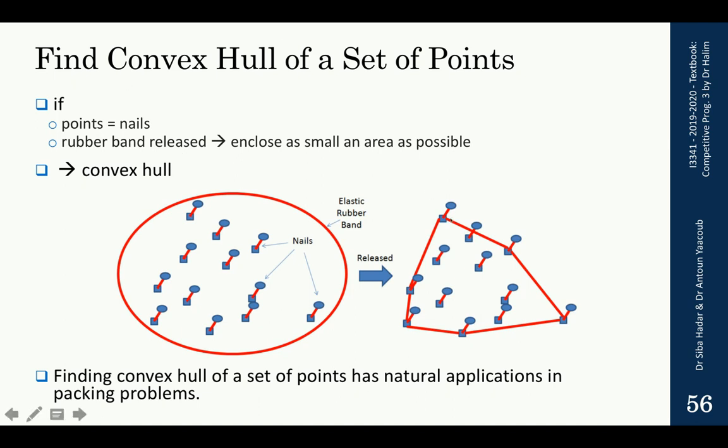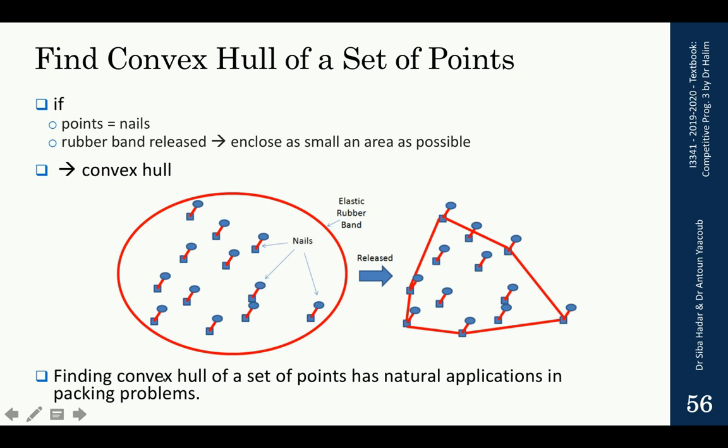It will only be retained by the outer nails. So this is the convex hull. It is the rubber band around the nails. And you can see that the rubber band cannot be concave, so it cannot enclose all the points with the details. It encloses them in a convex way.